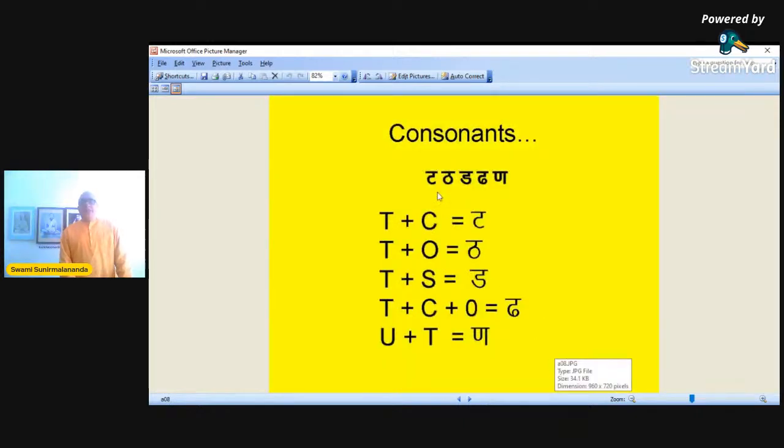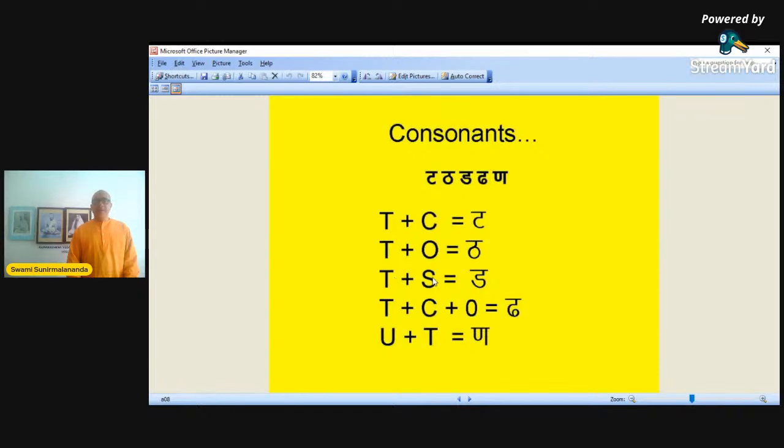Next, ta, tha, da, dha, na. Just write the letter, the Roman letter or the English letter T, and below that write C, it becomes ta. Again write the letter T and write a 0, it becomes tha.